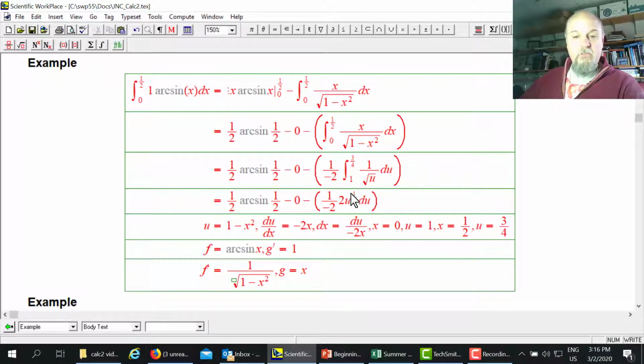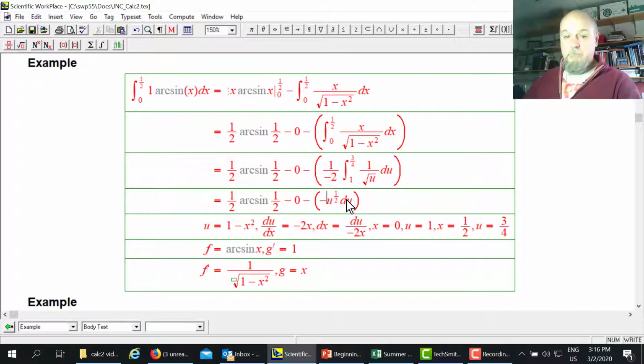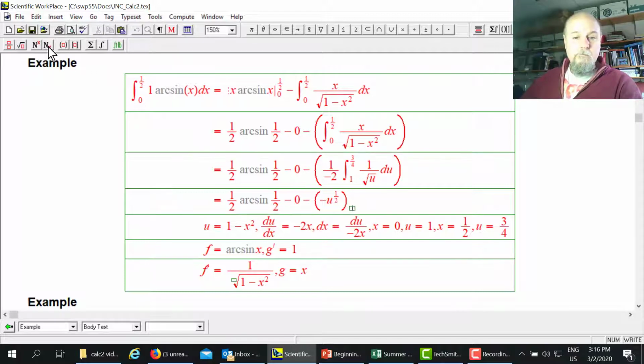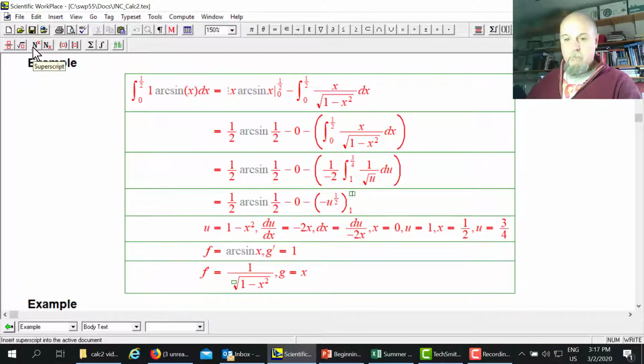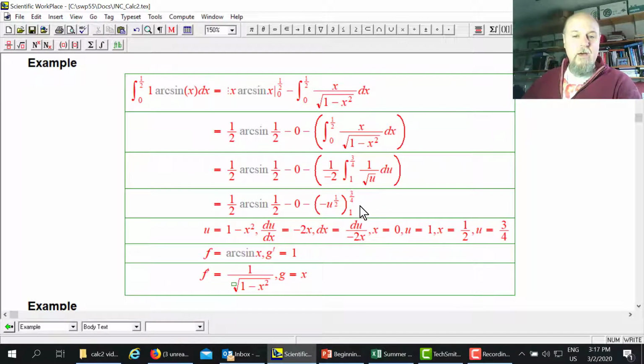And I still have to sub in the top, minus sub in the bottom for this piece here. Let's cancel this 2 and this 2 and just make that a minus. I still have to sub in the top minus sub in the bottom for u's. So let's do that.